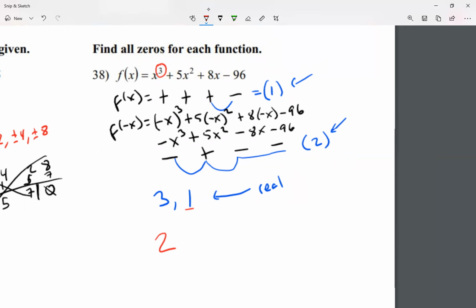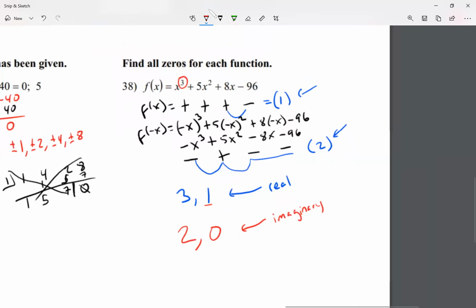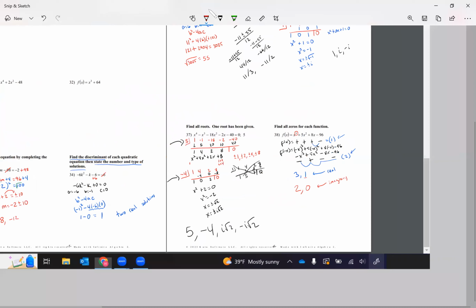So 2 or 0. So if I ask you for imaginary, it's 2 or 0. If I ask you for possible real zeros, it's 3 or 1. We can find them, but I just want to review Descartes' formula.